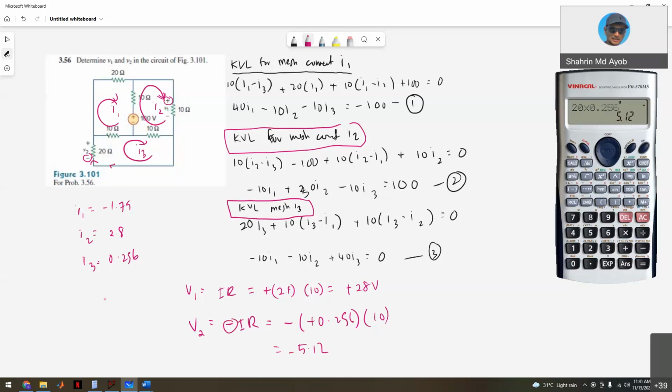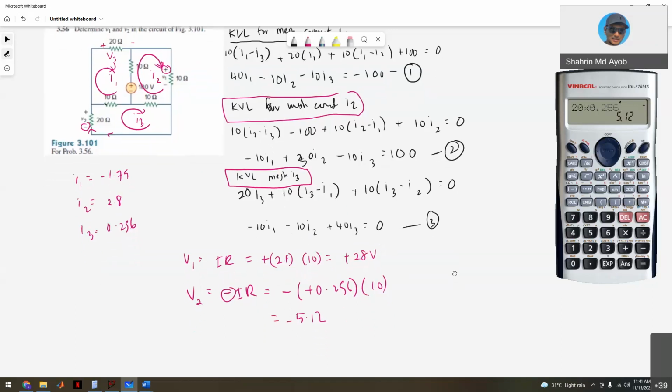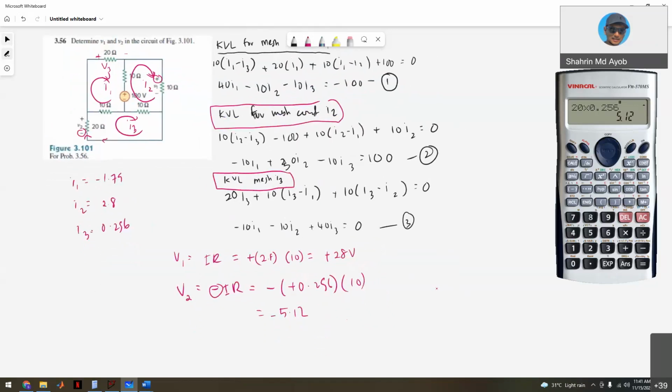Maybe for this one, V3, for example, the polarity is set like this, positive and negative. So V3, as you can see, the current I1 is entering the positive terminal. So your I1 is negative 1.79 multiplied with 20 ohm.